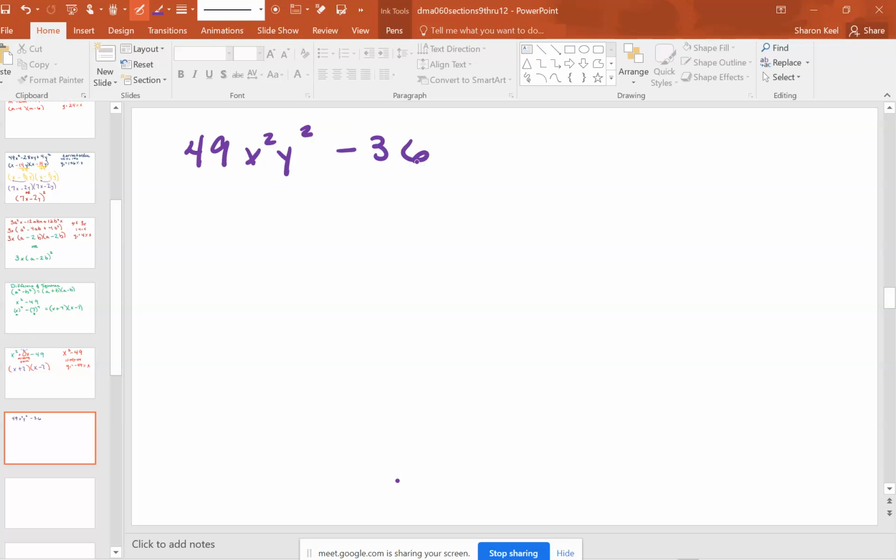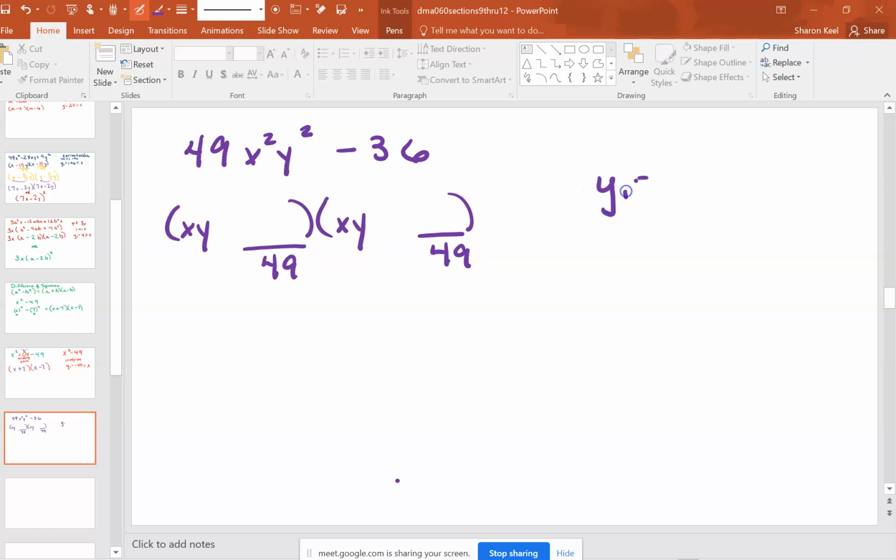So this one would have a missing term in the middle. It will be a 0. So I'm going to factor this into two terms. These two numbers do not have a common factor. The first term is going to start with an xy, and I'm going to remember to divide everything by 49.